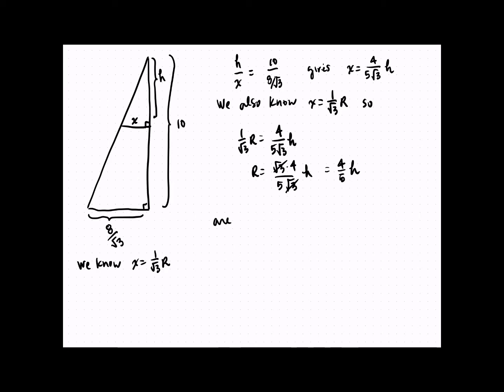Now, the area of the cross section at h, right? That's given by my area formula. But r, I can write that in terms of h, that's 4/5 h. So now I'll get a formula for my area in terms of h.